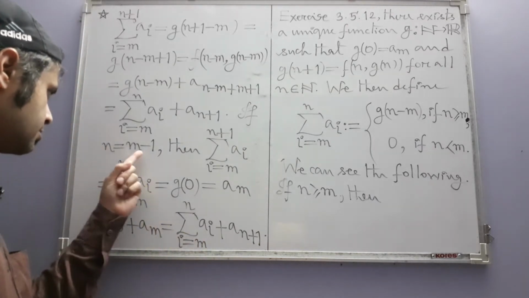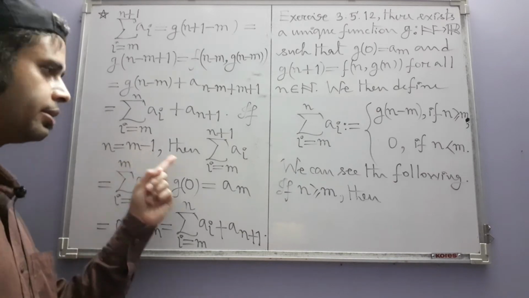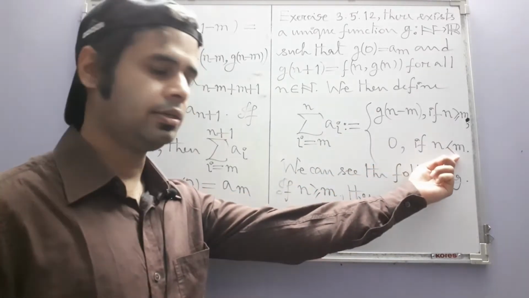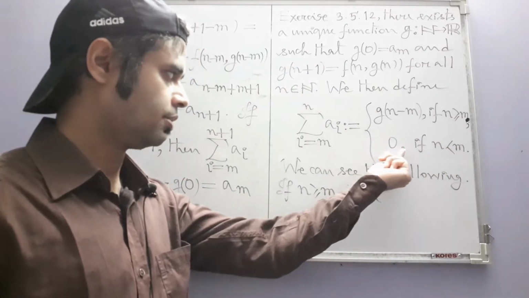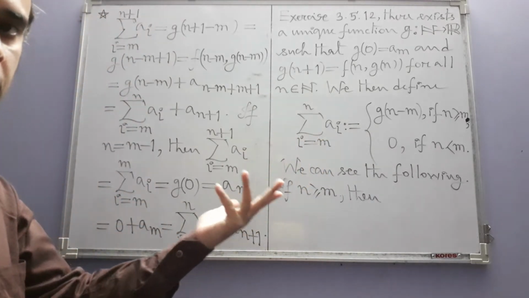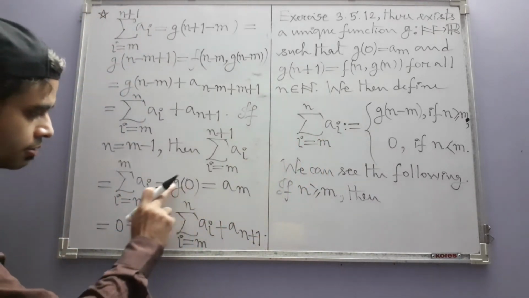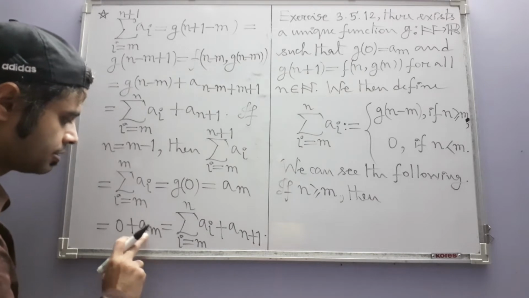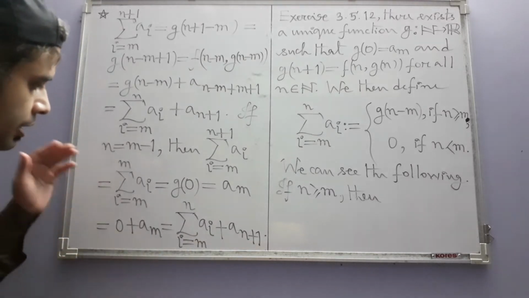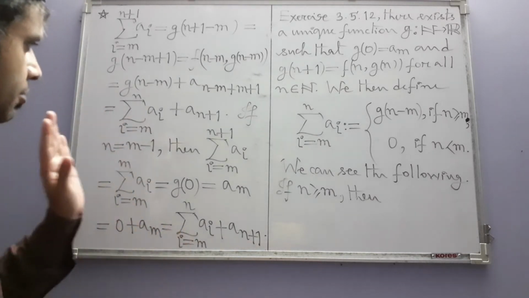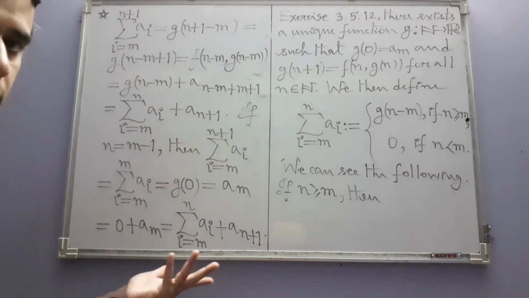Because in this case n is strictly less than m, so we are here. So that means 0 is the same thing as this by our definition. So this is justified, and this a_m is a_(n+1). So in this case also you get that same relation true.